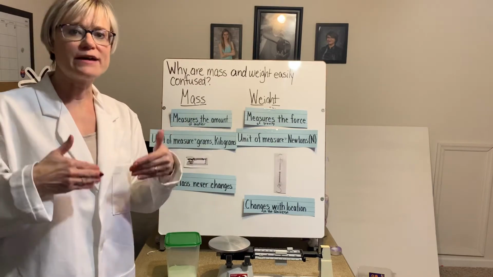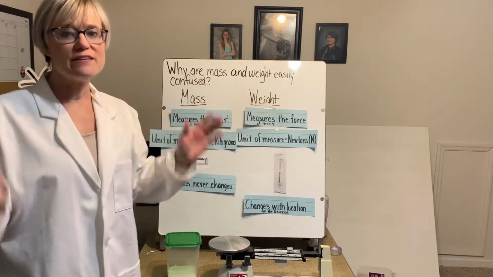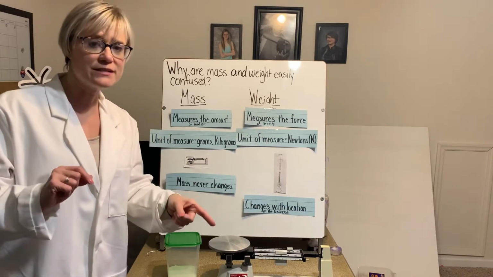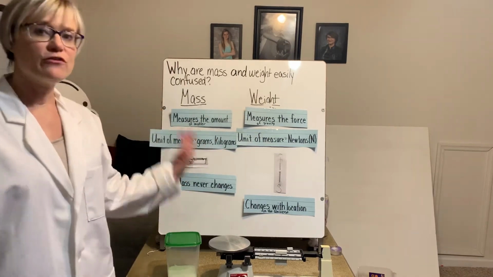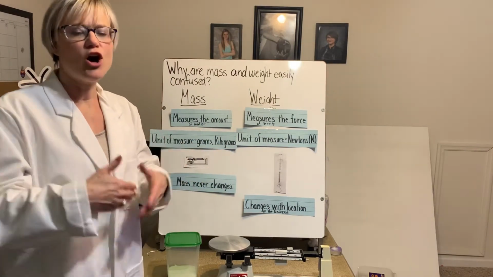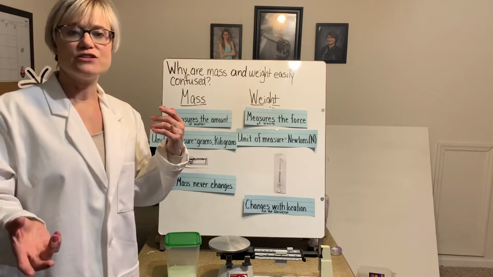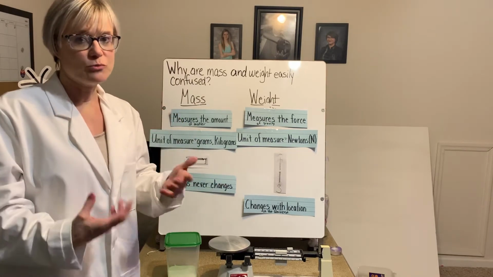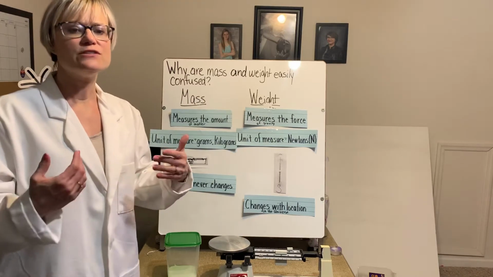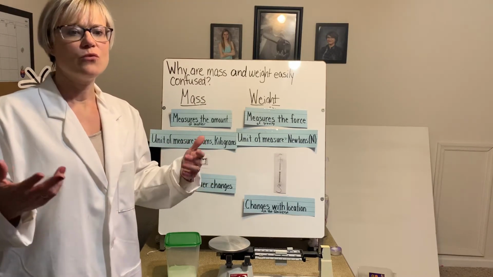Well, let's go back to matter. Matter is anything that has mass and volume. But if it has mass and it's on a place like Earth with gravitational pull, it also has weight. All matter has mass, and so there's going to be gravitational pull on that matter, and so that will cause weight.